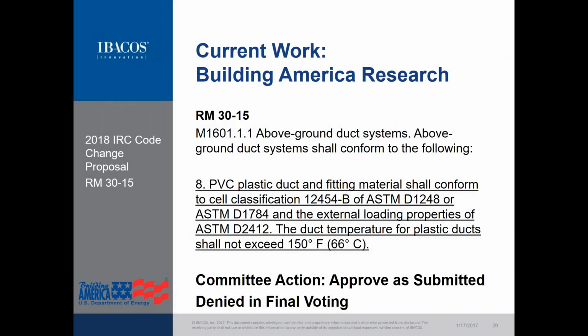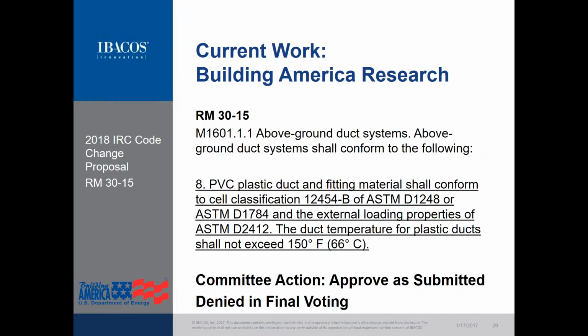I mentioned the language on the RM 3015 code change proposal, and this is really what it was focused on. It was focused on identifying or classifying PVC that was used for ducts around some of their loading properties and ASTM performance standards.